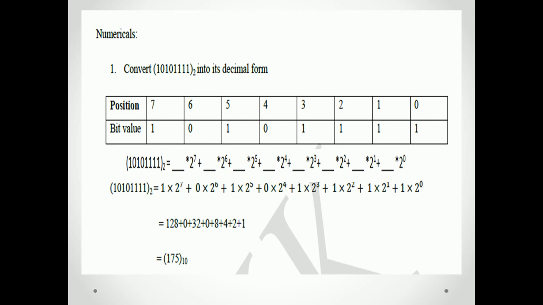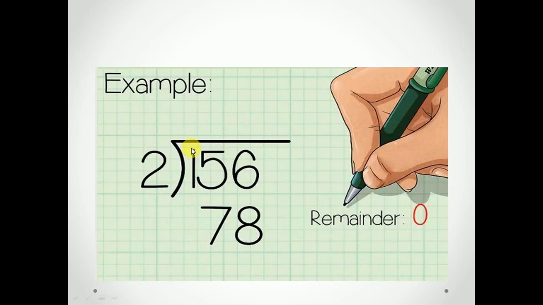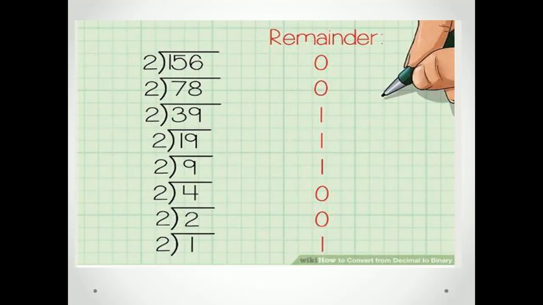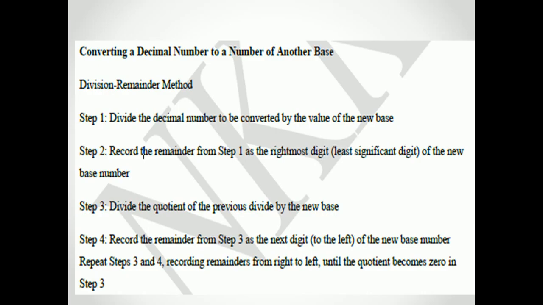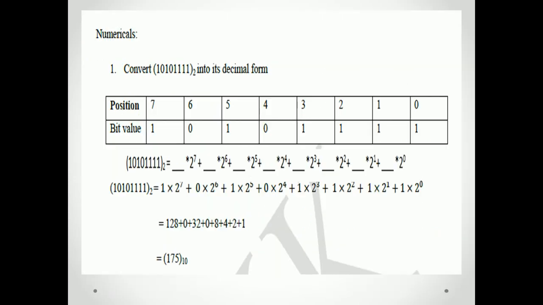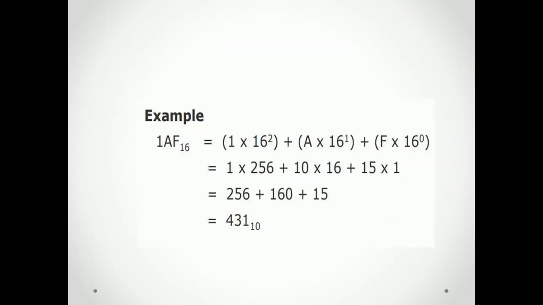If you are converting binary to decimal, you multiply by the powers. But if you are converting decimal to binary, you divide by the new base. So this is the process of conversion of decimal number to binary number, or binary to decimal.